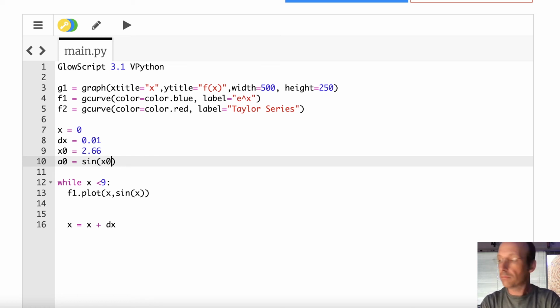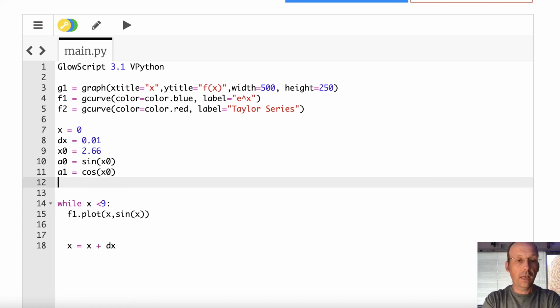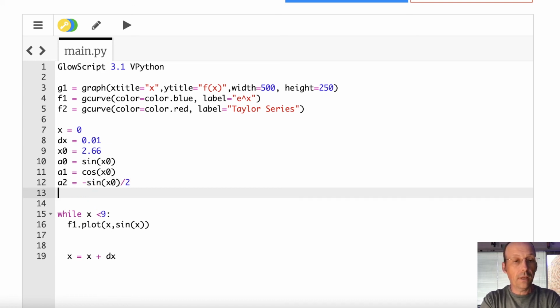A1 is cosine of x0. A2 is negative sine x0 divided by 2. A3 is equal to negative cosine x0 divided by 6.